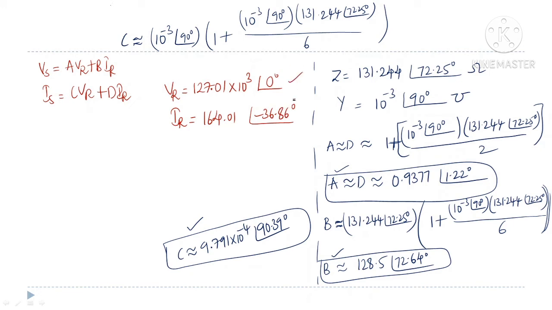So you got VR, you got IR, you got A, B, C and D. By substituting all these values in these equations, you will get Vs and Is values.